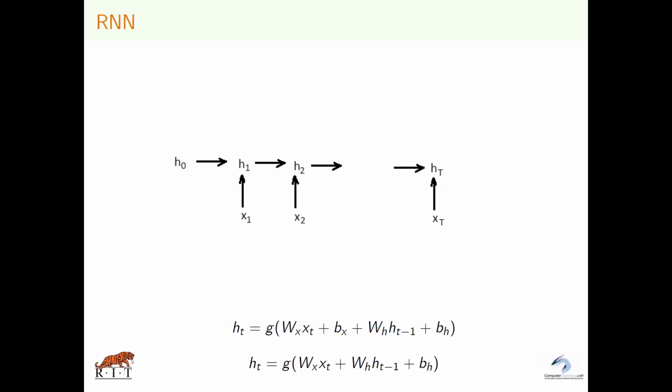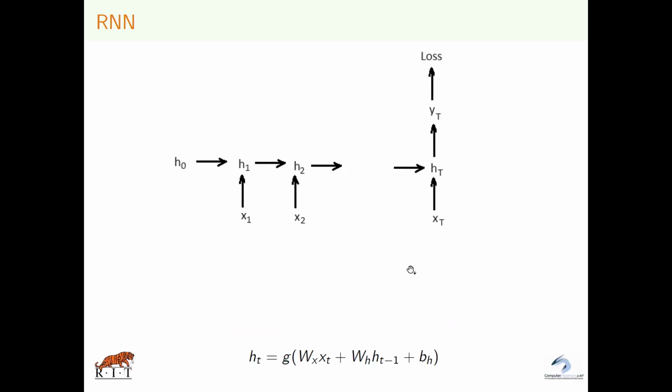And finally, when we reach the last token x_T, through h_{T-1}, we have information about x_{T-1} and all previous x's. So we hope that the last token contains the information about the entire sequence.